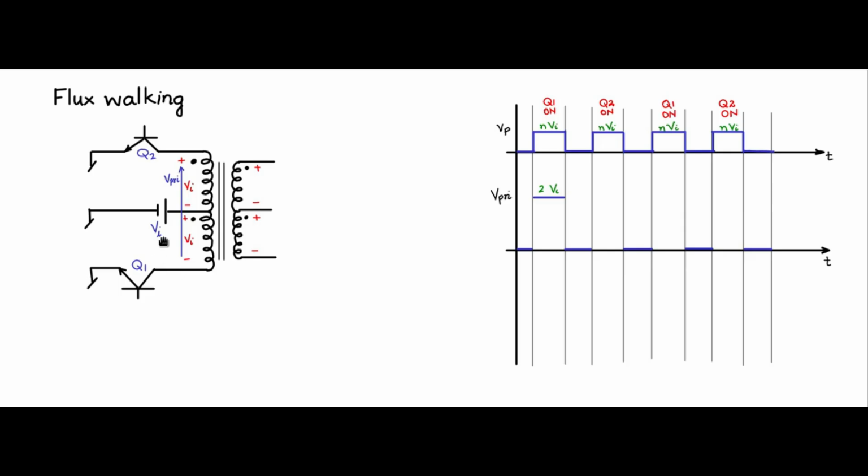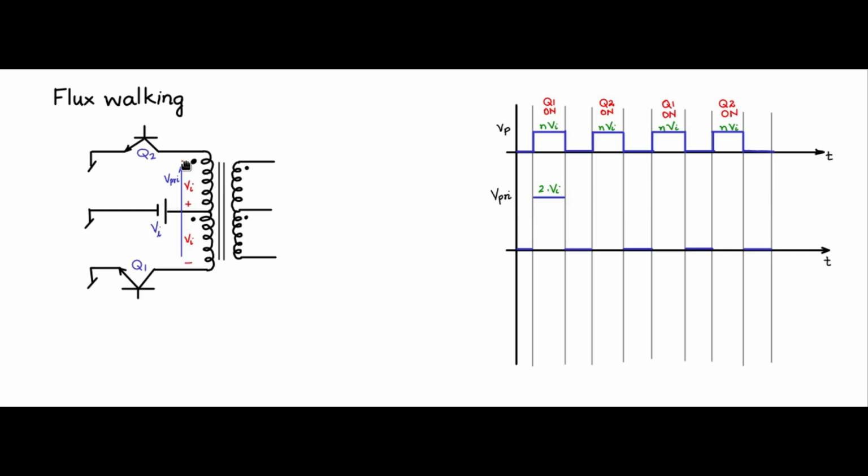And during the time when Q2 is on, the dot end is actually grounded. The non-dot end is plus VI, and minus VI is induced on all the coils. So let me place the polarities in this fashion.